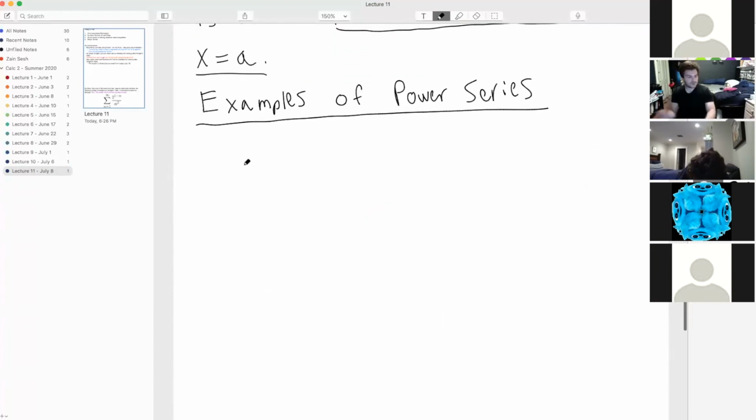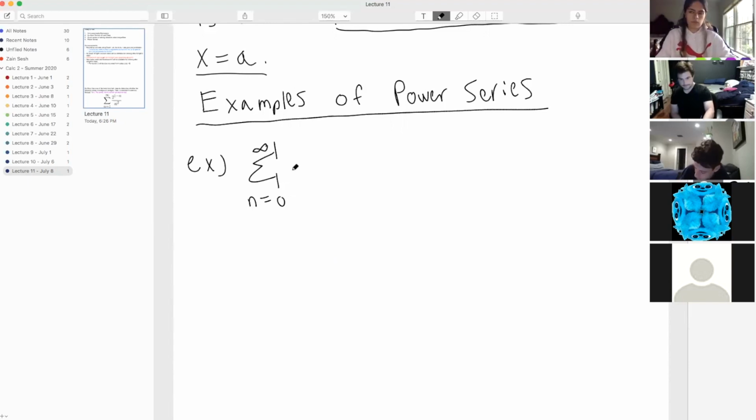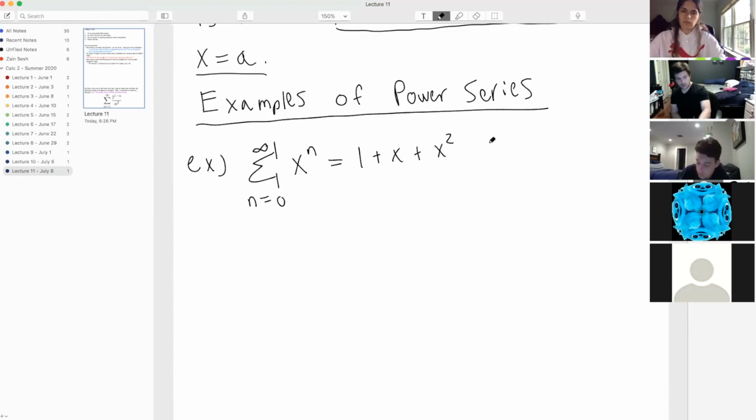So the first one is the sum from n equals 0 to infinity of x to the nth power. If I write out the first couple terms, this is just 1 plus x plus x squared plus x cubed, and so on forever.